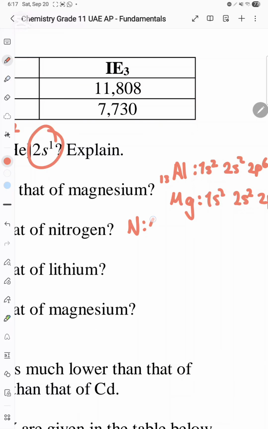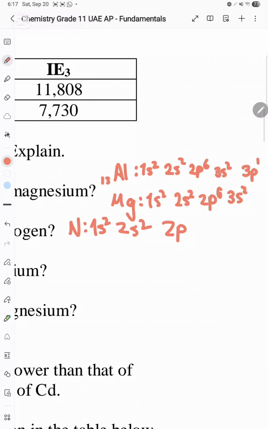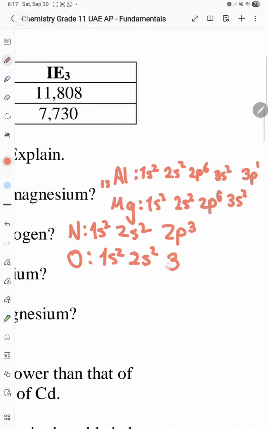Nitrogen is 1s2, 2s2, 2p3, whereas oxygen is element 8, so it's 1s2, 2s2, 2p4.